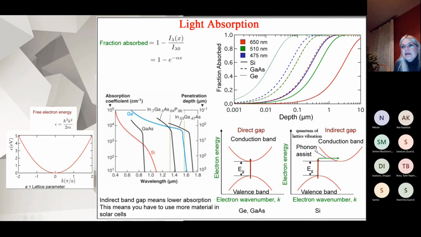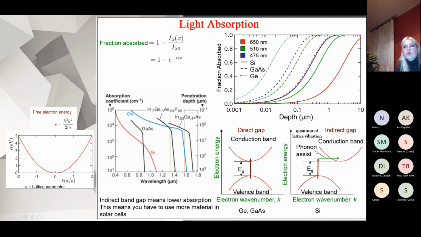And that's why, in the case of indirect gap, we use phonon assistance. A phonon is the quantum of the lattice vibration, because every lattice vibrates at some frequency. So the phonon will bring some frequency and momentum, and it will allow the electron to change momentum and go into the available electronic level in the conduction band.